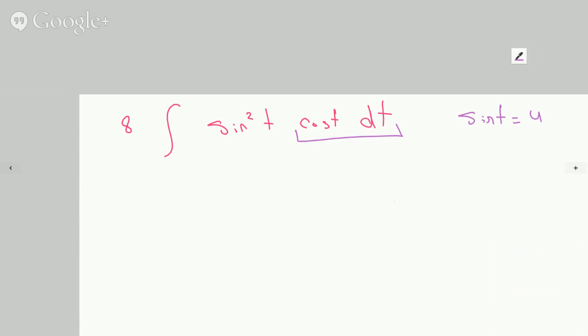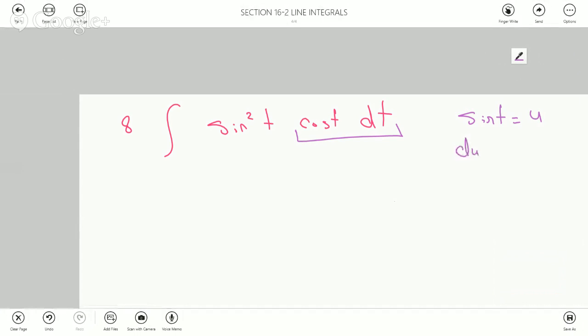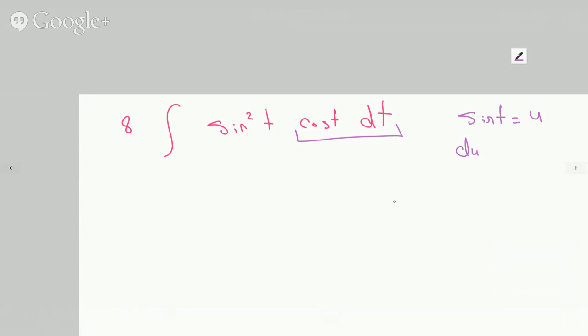So then we would get du to be cosine t dt. So this line integral becomes 8 sine squared, which is u squared, and cosine t dt is just simply your du. So this becomes 8 u cubed over 3.